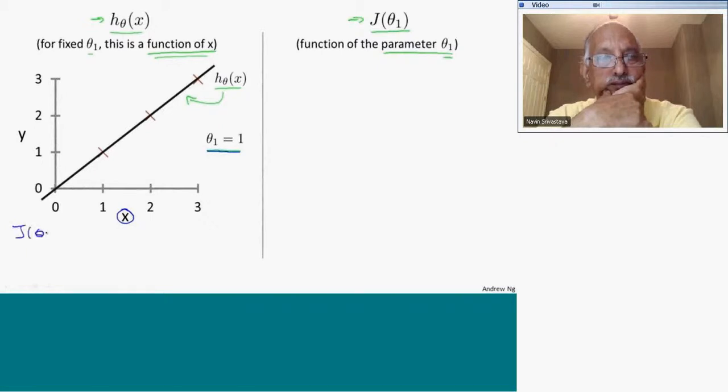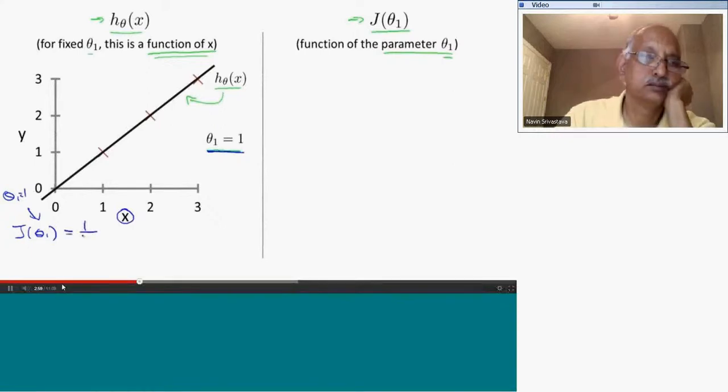So let's go ahead and compute what the cost function is for this value. What is J defined as? What will be this J of theta 1?